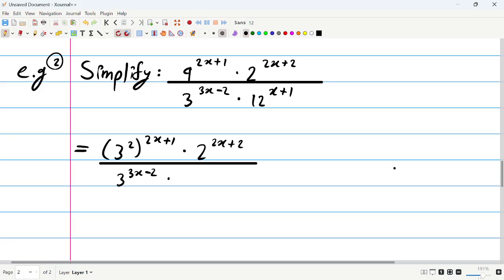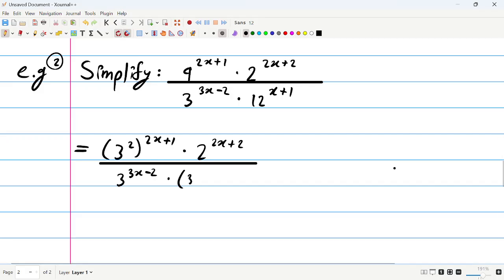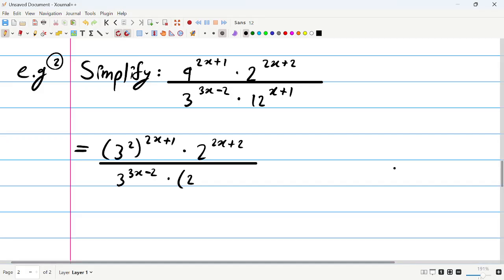And then this is going to be 12, which is not a prime number, but 12 can be written as 2 raised to the power of 2 multiplied by 3. I just had to think of that immediately because it was 3 times 4. 4 is rewritten as 2 to the power of 2 in its prime base form. So therefore, it's 2 to the power of 2 multiplied by 3, or 3 times 2 to the power of 2, whatever order, it doesn't matter.